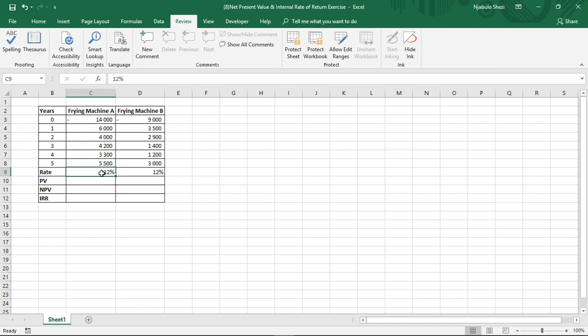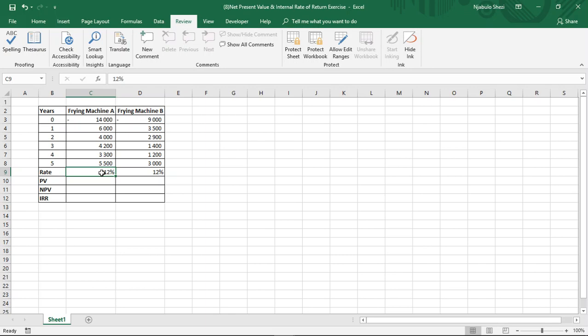Let's just say to finance the buying of either frying machine A or frying machine B, we are going to be taking out a loan on which we are going to be paying an interest of 12% per annum. So we have to compare apples with apples. We have to compare rates which are the same so that the exercise that we are embarking on now makes sense and we are able to arrive at the correct decision.